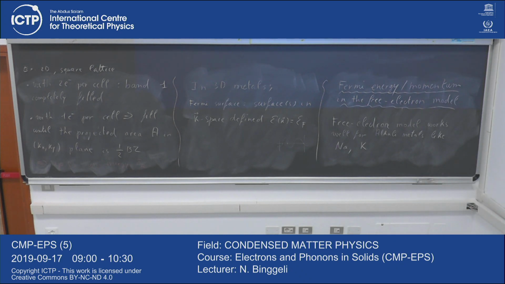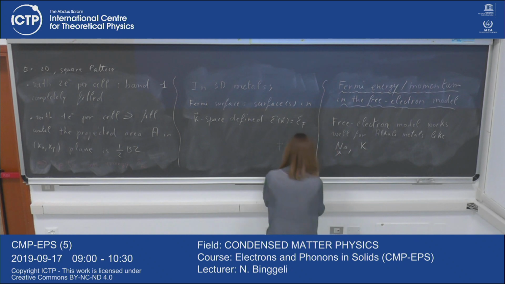So sodium, potassium, and these are elements that crystallize actually in a BCC structure. The crystal is the BCC lattice. So these elements have as common feature that they have one valence electron.